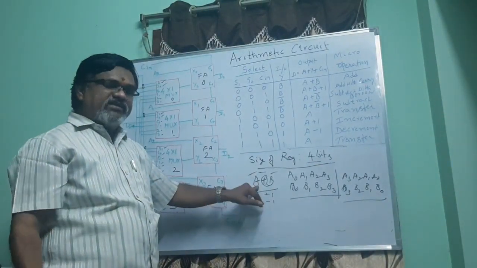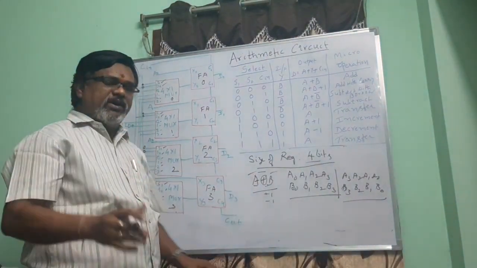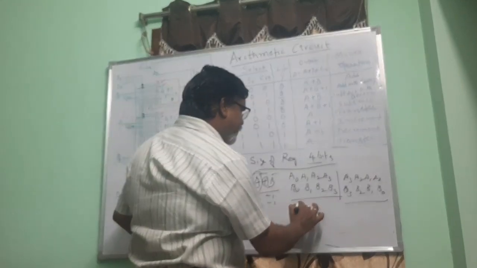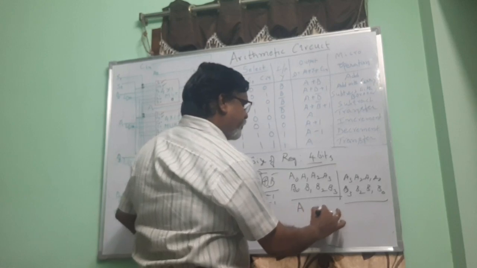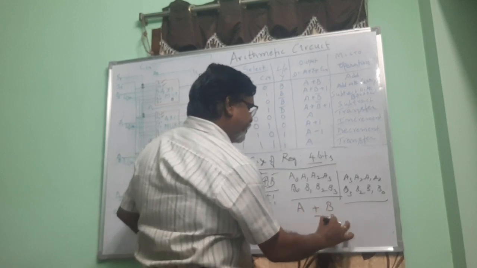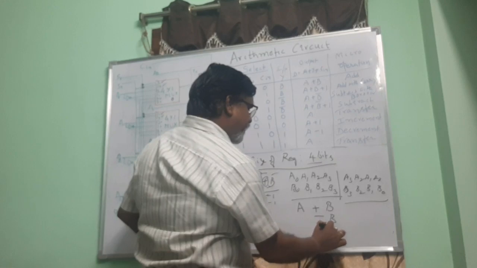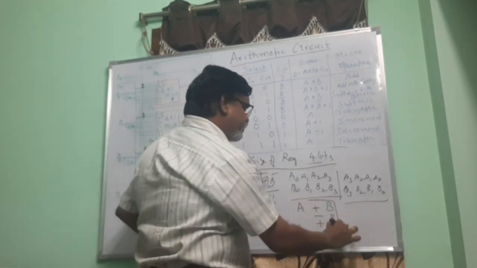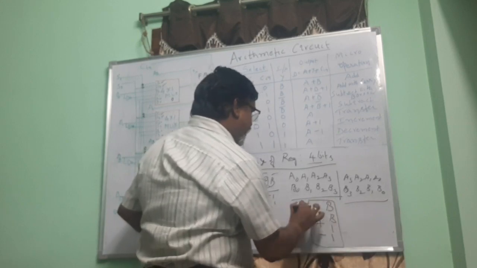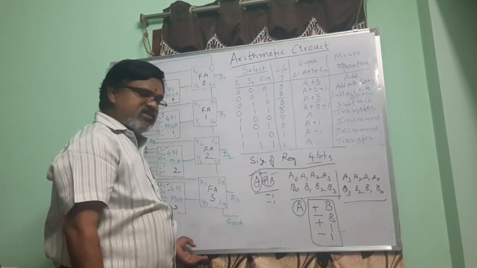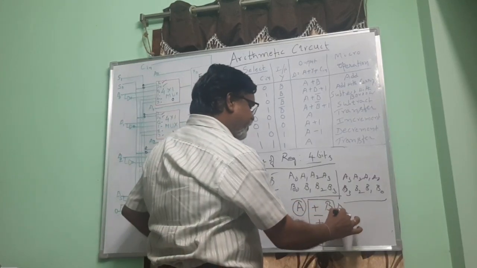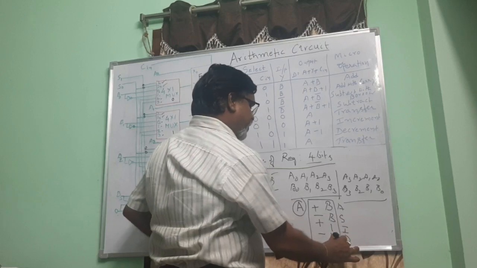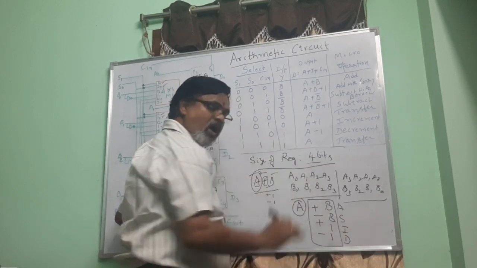One input is A, second one is minus 1 in the decrementation. So whatever it is, the common one here is A. In all the 4 operations, A is common; plus B, minus B, plus 1, minus 1 are different inputs, but common is A. This is meant for addition, this is meant for subtraction, this is meant for increment, this is for decrement operation. But here A is common.